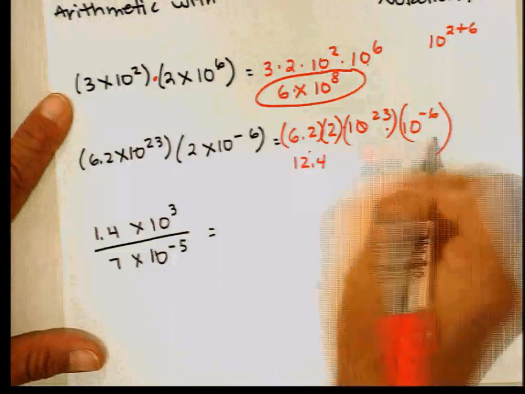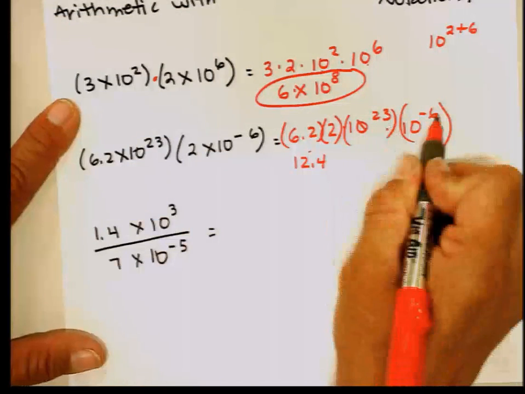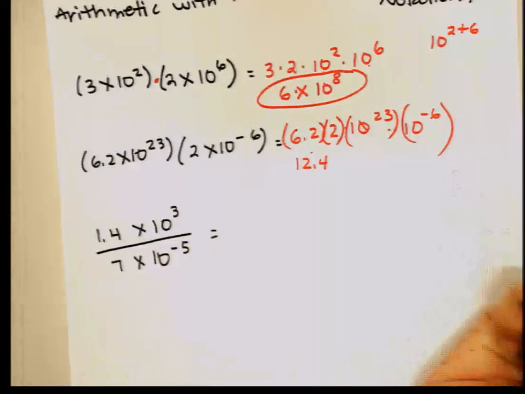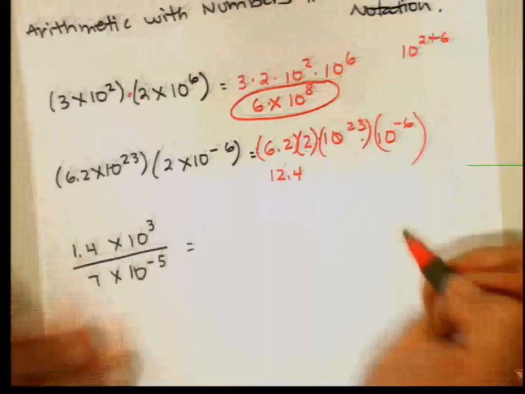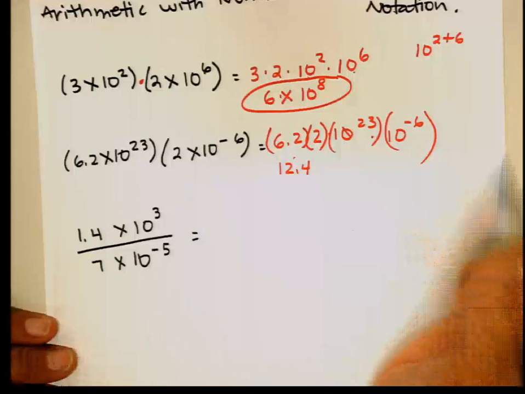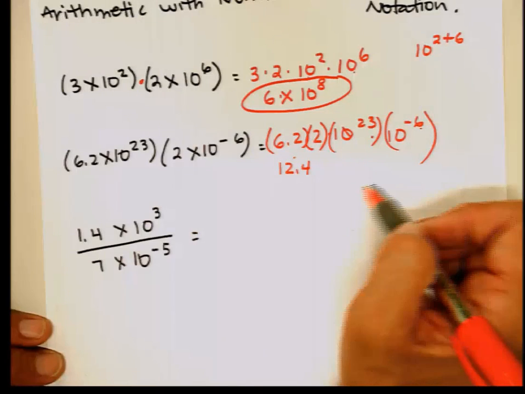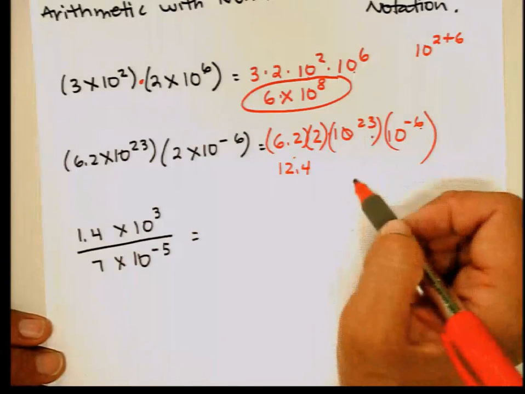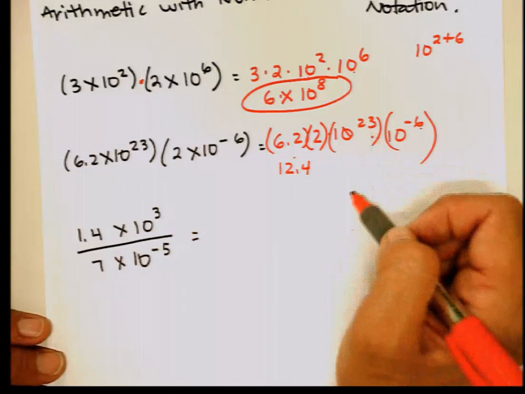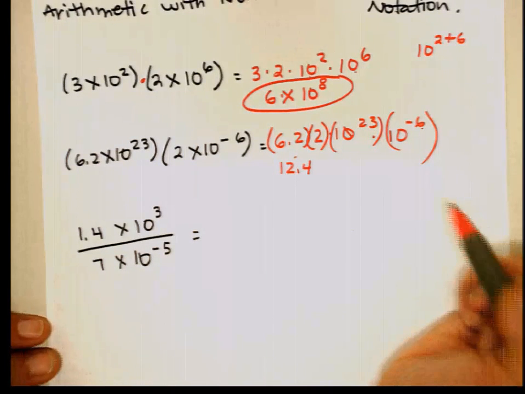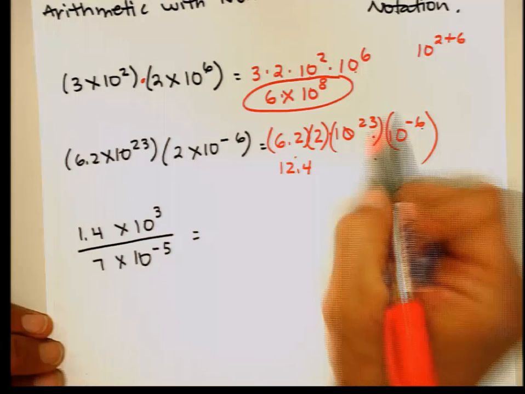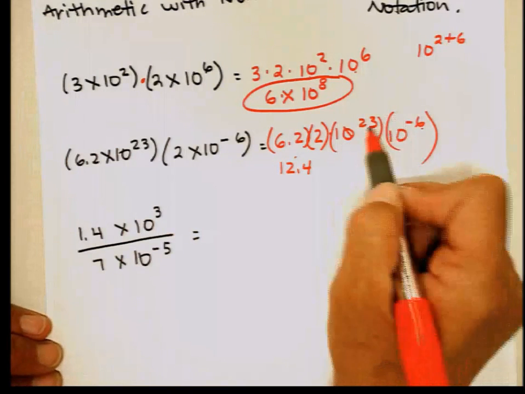And here are my like bases, multiplying like bases, add the exponents. Oh, that one's a negative. Oh, okay, well let's think about that. So I could take this 10 to the negative 6, move it below, and then subtract my powers, 23 minus the 6. Or, notice that's exactly what's going to happen here. Multiplying like bases, add the exponents.